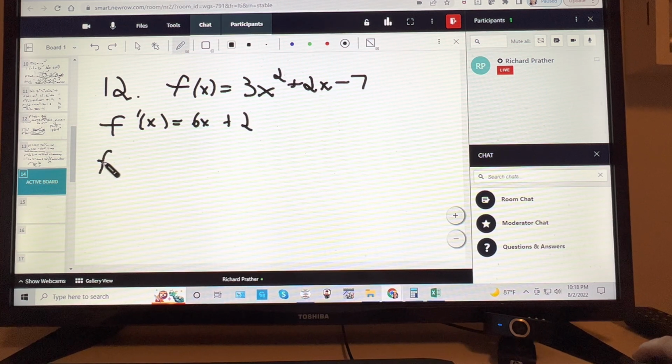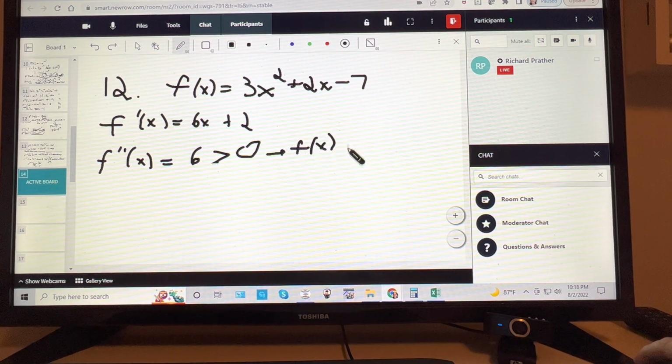Then you find the second derivative, which is just 6. This is greater than 0, it's positive. When the second derivative is positive, the original graph is concave up. And this one would be always concave up because the second derivative is a constant positive 6.